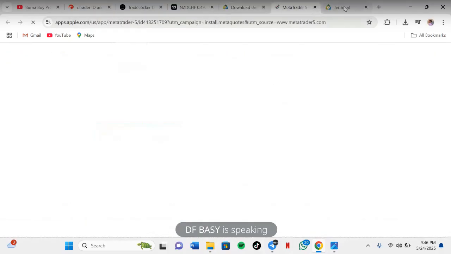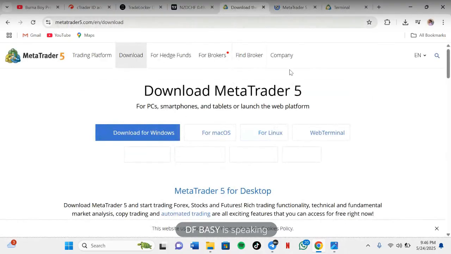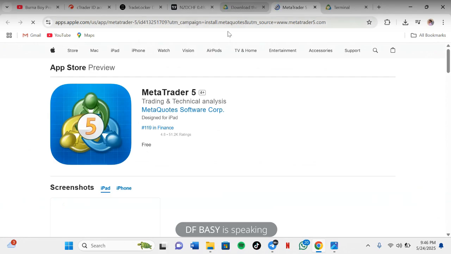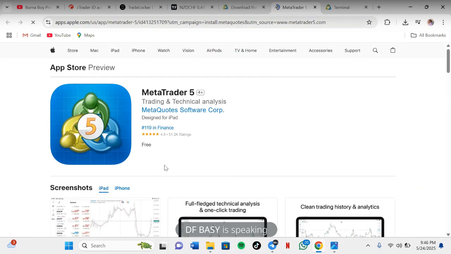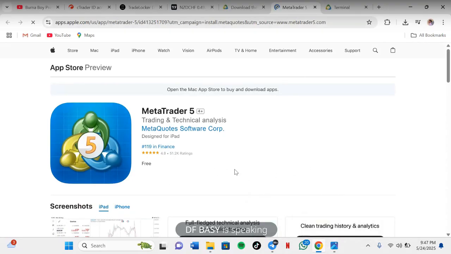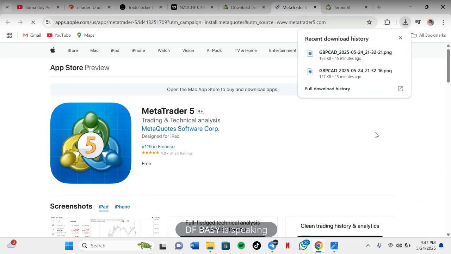But this is what I'm going to do. I'm going to drop a video concerning how to use the Meta 5 app. If you guys are on Apple Store or Play Store, this is the app. This is the Meta 5 app. Let me see if I can save an image of this.